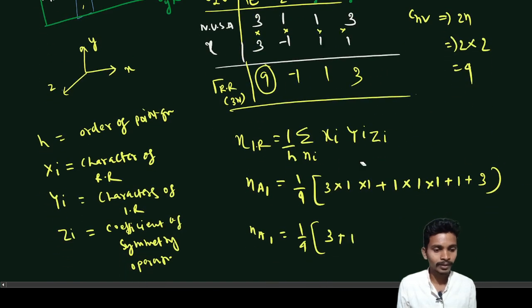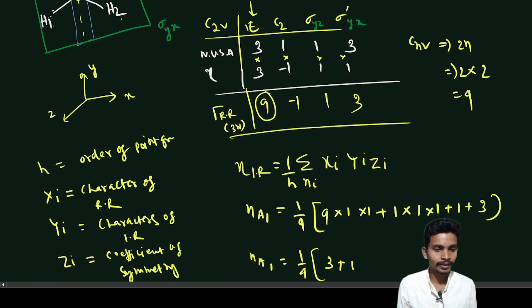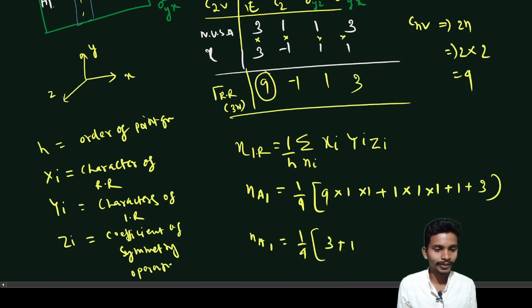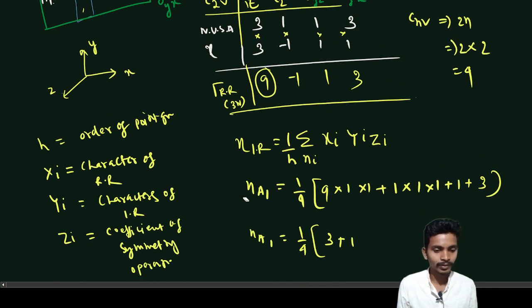Sorry for that. This is 9, and this C2 is minus 1.